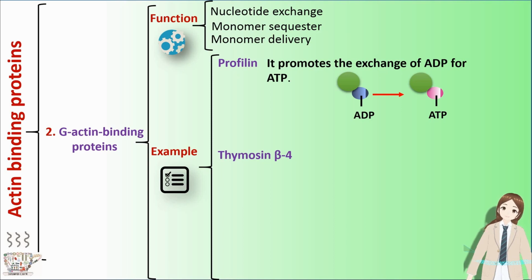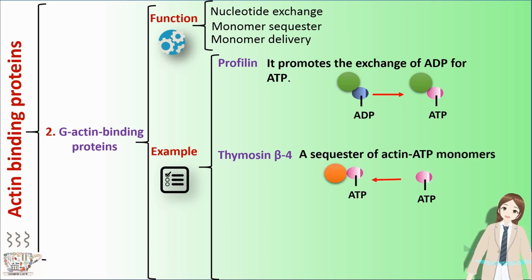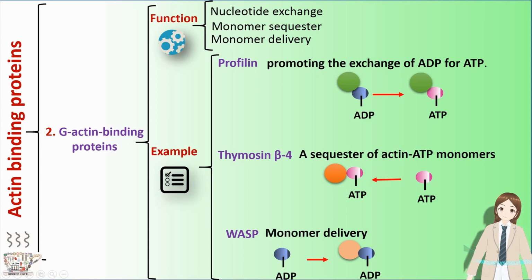Another example is thymosin beta-4. Thymosin beta-4 is a sequester of actin ATP monomers. And another example is WASP. WASP plays a role in monomer delivery.